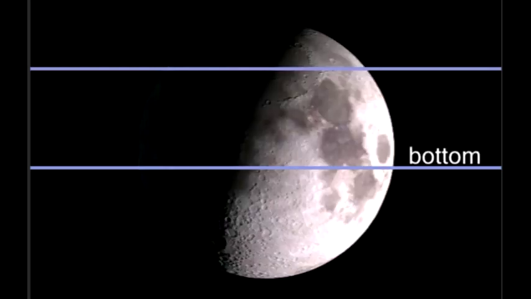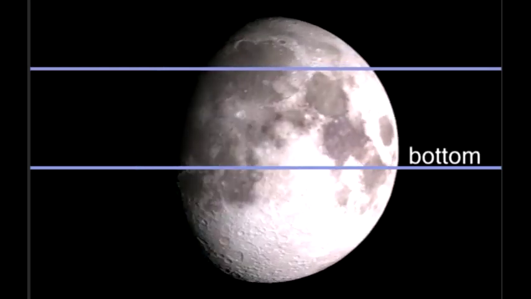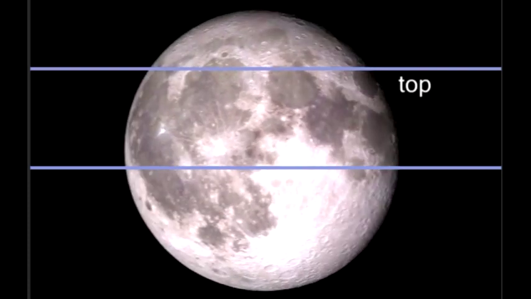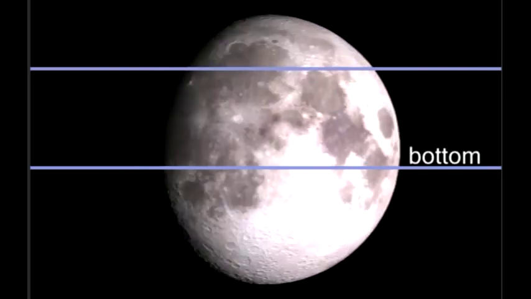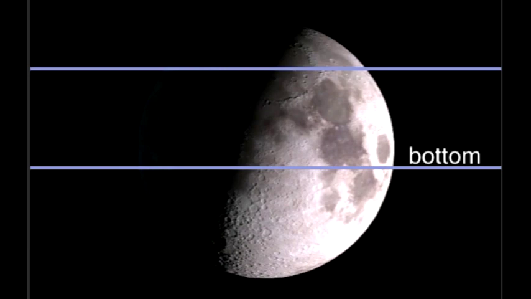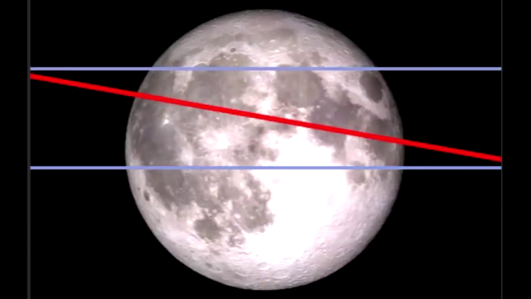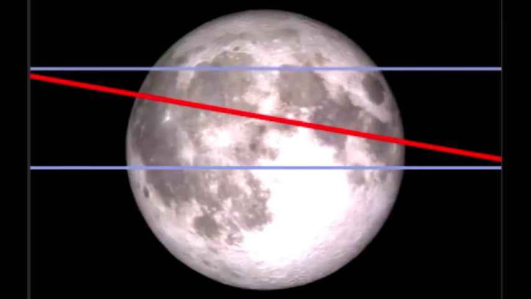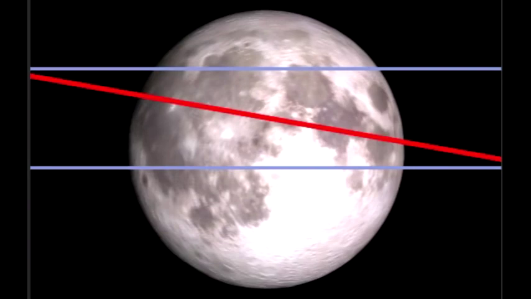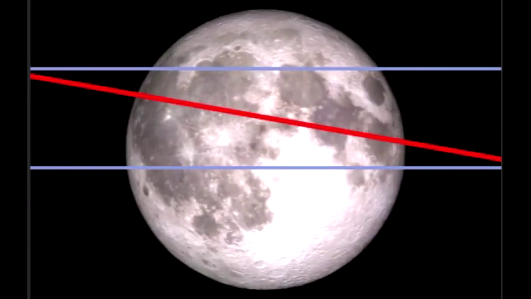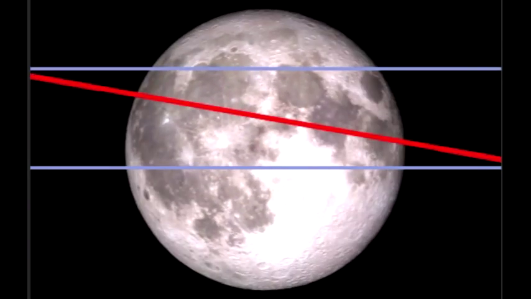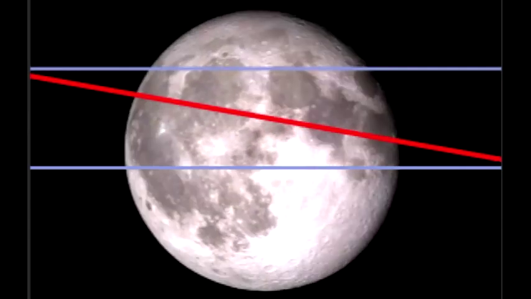The bottom and the top. Watch the black spot on the right. Now I can put a red line between the blue lines, so that is the axis on which the craters are moving from dark to light. Only on this axis you have craters with the day and night of 12 hours.